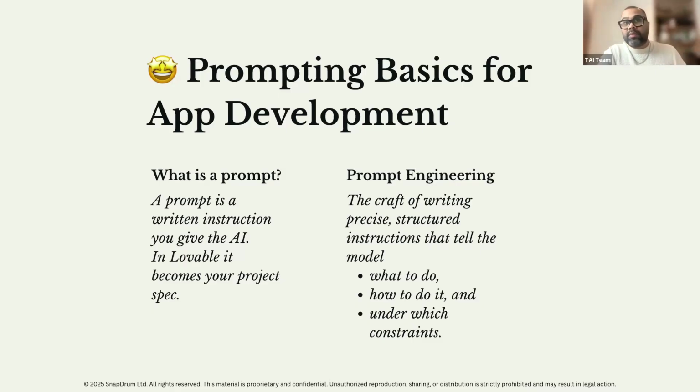So that's what a prompt means, and an extension of that is prompt engineering, where you write these instructions in a structured way so that the AI model behind the tool understands them much better. The current tools have evolved a lot, so even if you write something less accurate or less structured, they can enhance your prompt and get something done.